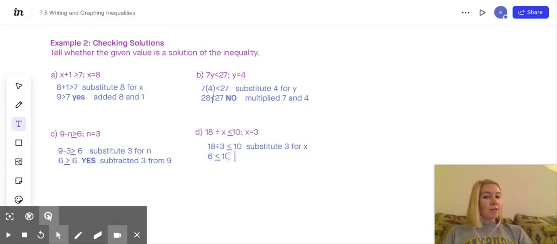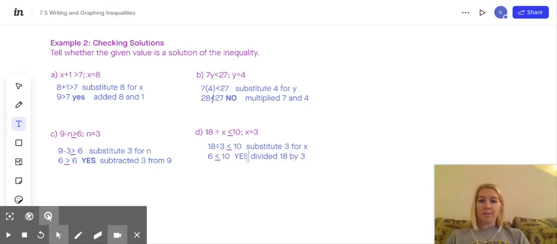Well, it's not equal to 10, but it is less than 10. So yes, 3 is a solution. So this inequality is true. What we did for this part is we divided 18 by 3. That's what we did in that step. So yes, and that's it. We're done.